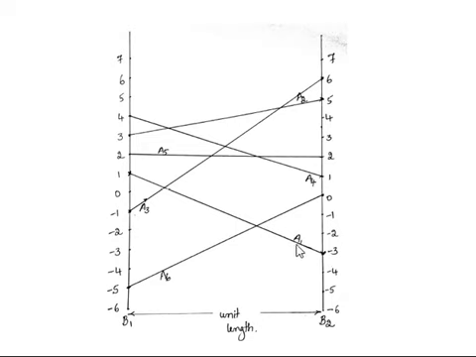Similarly for A2, this will be 3 and this will be 5. For A3, minus 1 up to 6, as written here. A4 is 4 and it will move up to 1. Then A5 is 2 to 2, and A6 is minus 5 to 0.